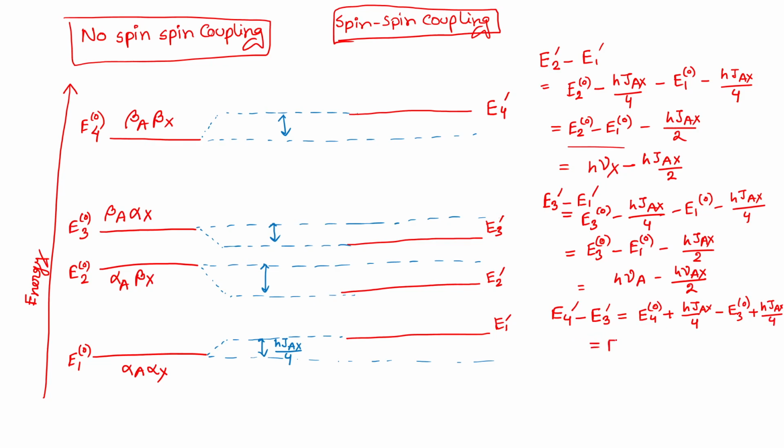So you are going to see this gap is JAX by 2. So earlier it is associated with nu X. Similarly, for E4 dash minus E2 dash, which was earlier associated with the spin, now also the spin flipping of A, so you can show it would be h nu A plus hJAX by 2.